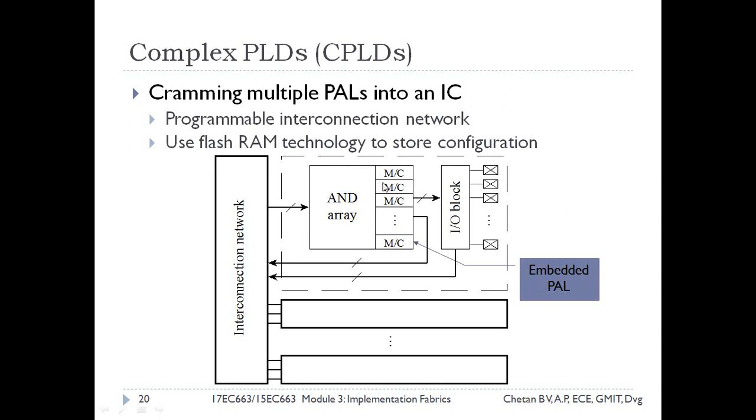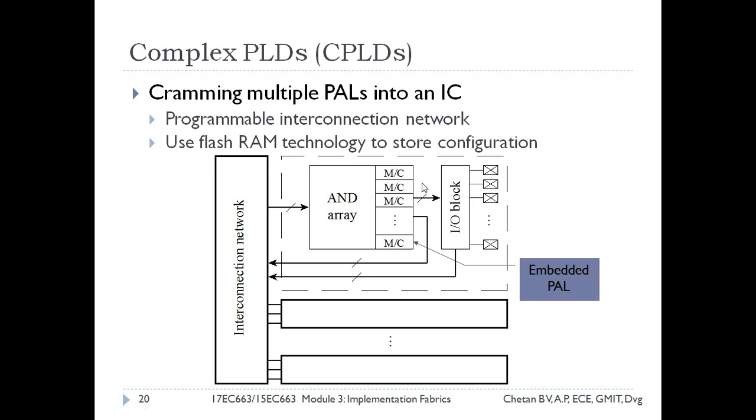Next we have the macro cell. The macro cell is an expanded version of the output logic macro cell, OLMC, that we discussed for GAL 22V10. The only difference is that here the macro cell is not directly connected to the output tri-state driver, and not directly connected to the output pin.